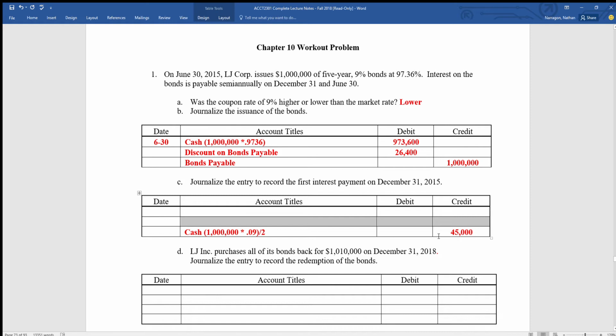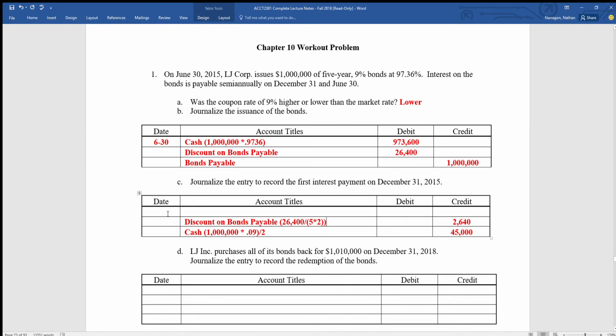And remember, discount is amortized. So this is going to be 26,400 divided by however many payments we have. We got 5 years times 2, or basically 10 actual payments. If you're putting this in a calculator, always put the number of payments in parentheses. Again, that's order of operations. So we have 2,640.